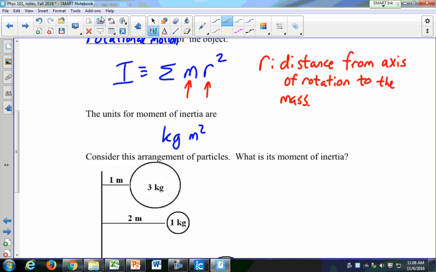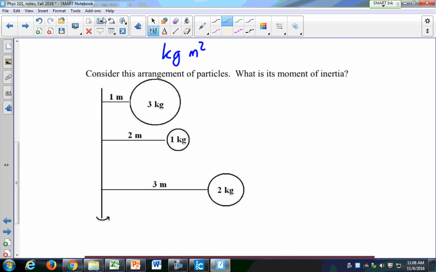So in this problem, we're dealing with a set of masses, particular types of particles that have a certain mass. Later, we'll talk about regularly shaped objects like cylinders, spheres, stuff like that. But right now, we're just considering a set of particles that rotate about a certain axis. So for example, right here, this is my rotation axis. I'm rotating in this direction.